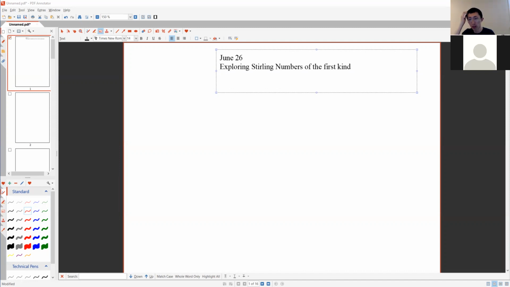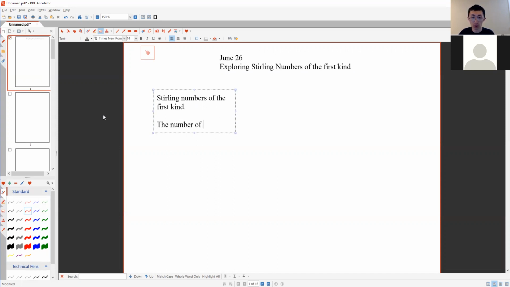So today we're going to talk about Stirling numbers of the first kind. So this is basically the number of permutations of 1, 2, 3 to n, basically n elements with k cycles.